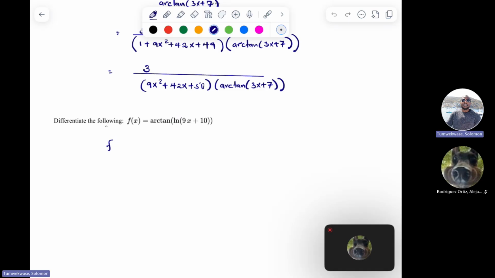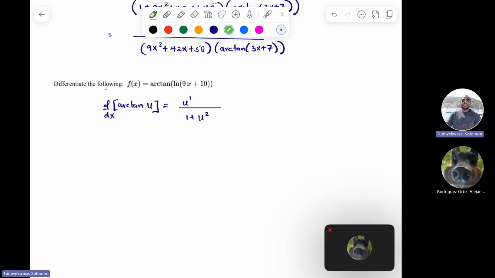Maybe I have to remind you that if I have d dx of arctangent of u, this is u prime over 1 plus u squared.